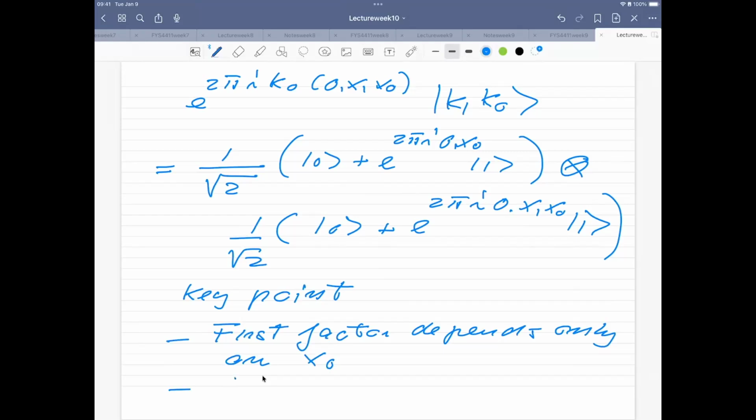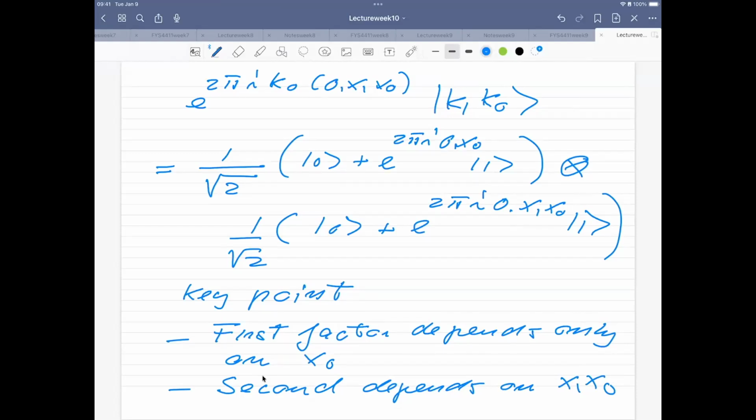The second factor depends on X1 and X0. So the least significant phase actually appears first. And this is why the circuit output is naturally in a reversed order. You can keep track of this reversed order classically, or alternatively, you can implement a swap gate. But any such gate brings in additional operations in a quantum computer.